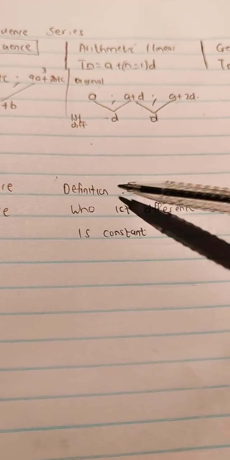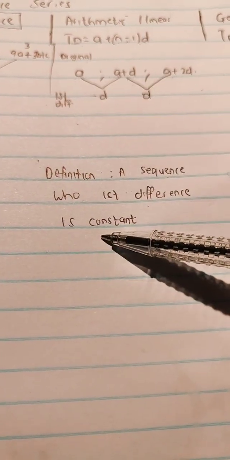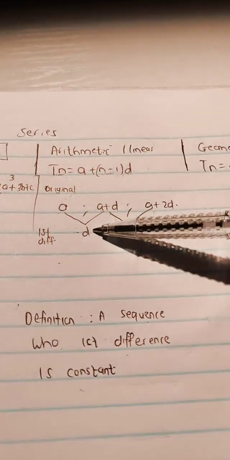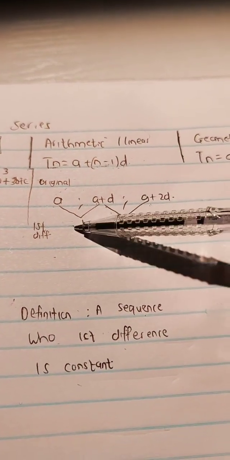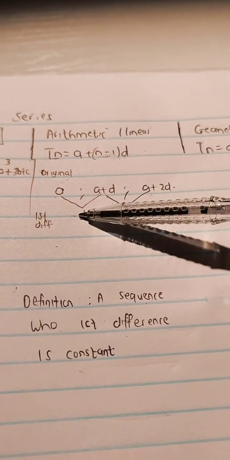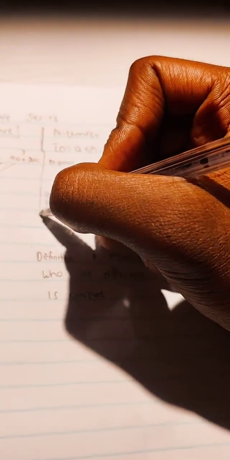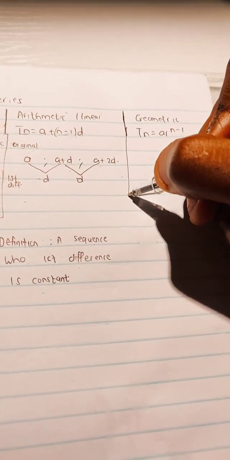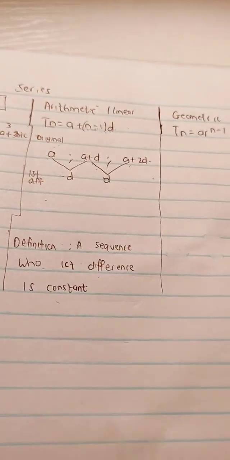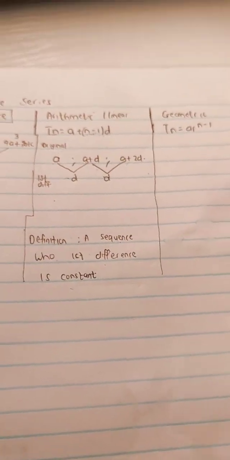You can see your first difference row has D and D. That's just to help summarize the concept of arithmetic sequence.